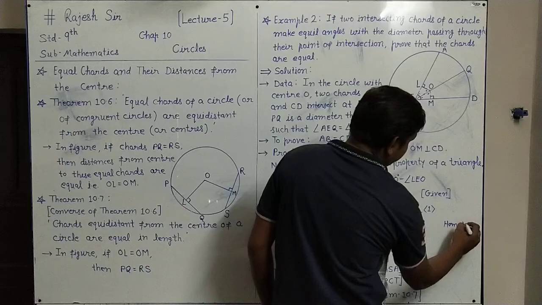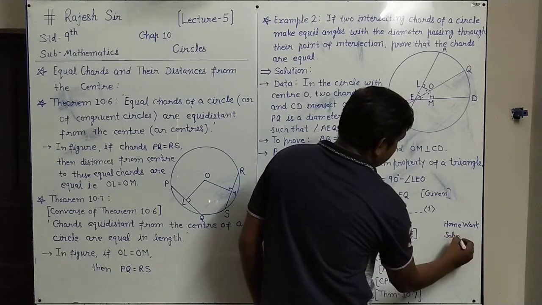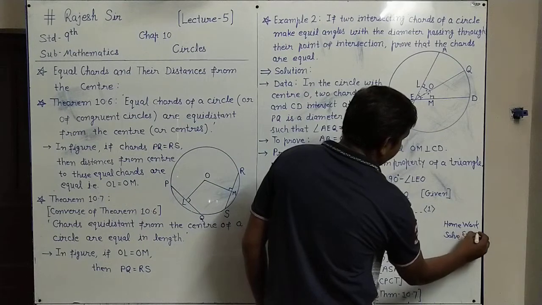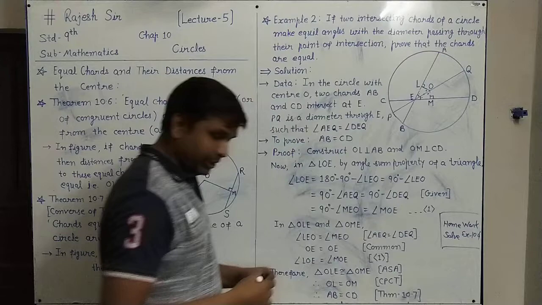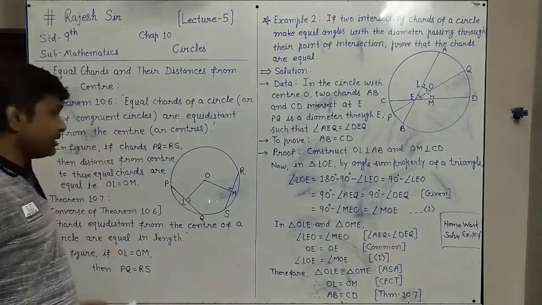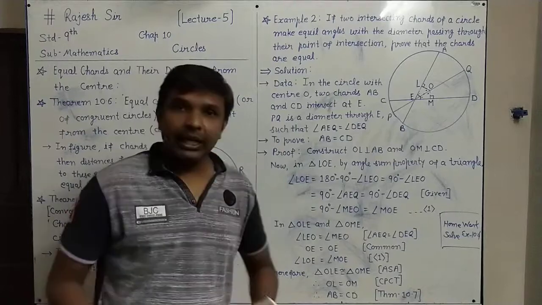In homework you solve exercise 10.4, in which you will find that you have to use these theorems 10.6 and 10.7, and like in example 2 where we have used them, that way you have to solve.